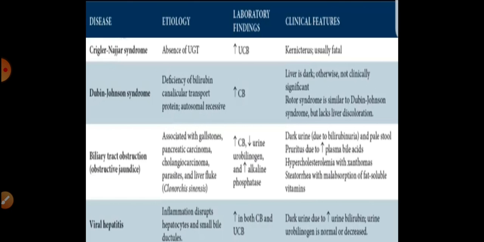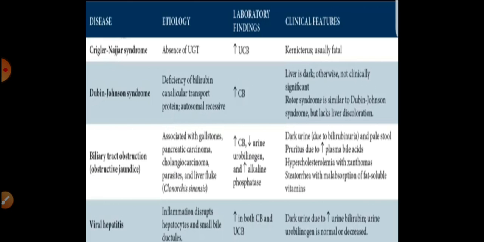There will be partially decreased uptake by the liver, which is responsible for the unconjugated bilirubin concentration, and there is defective excretion of bile because of disruption of the bile ducts. Whatever conjugated bilirubin is present will be regurgitated into the blood, causing increased concentration of both conjugated and unconjugated bilirubin.